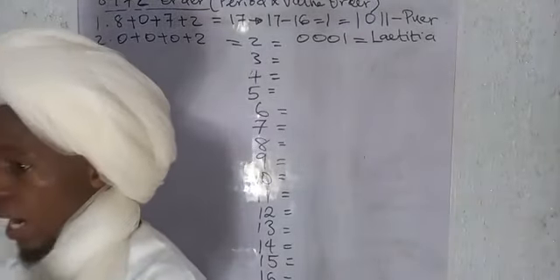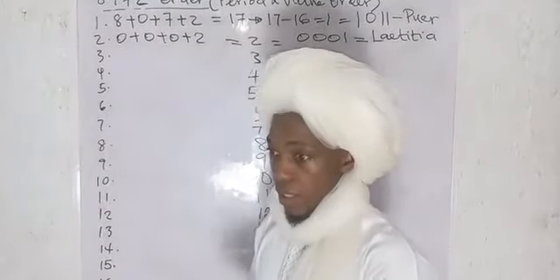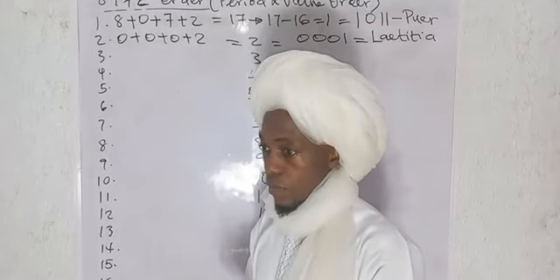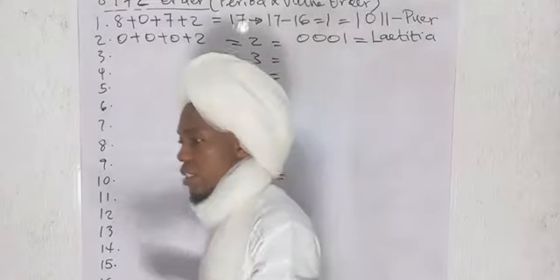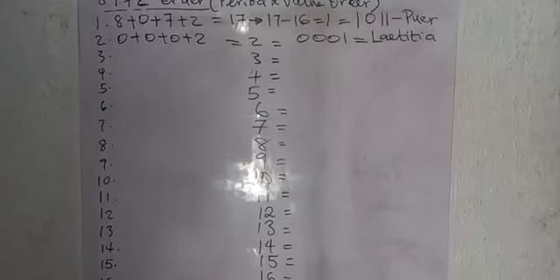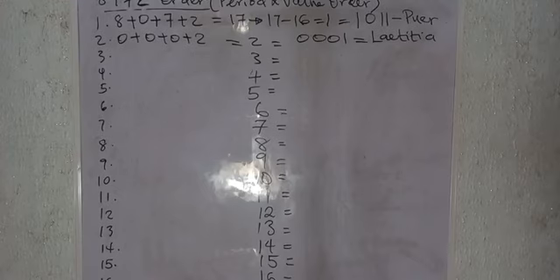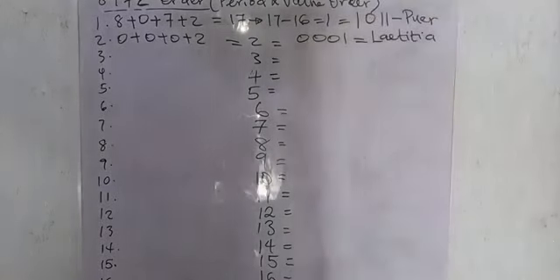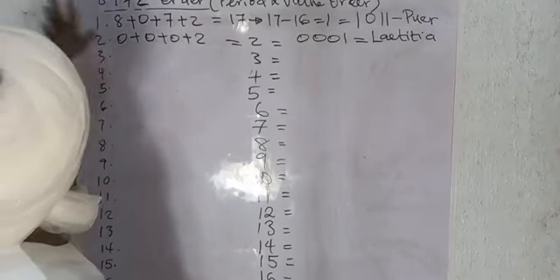What numbers can you remove 16 from and get 3? Which number is that? 19. Thank you, brother Adam. So we need 19 now to get our figure 3.